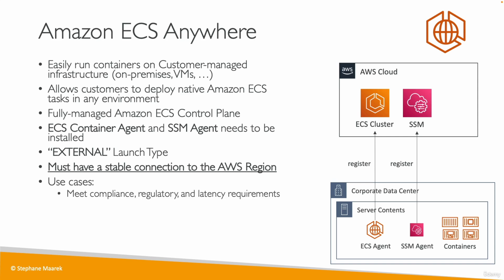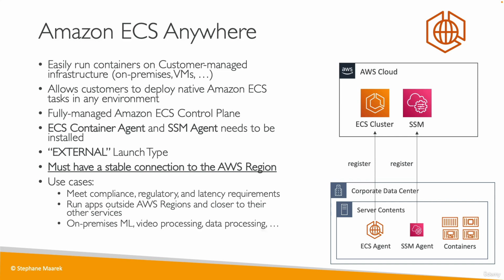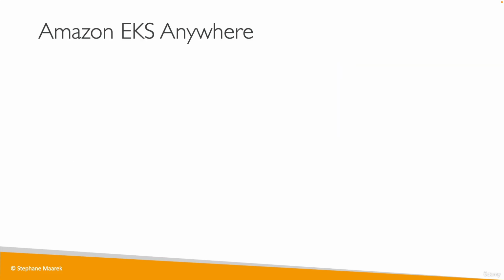The use cases for Amazon ECS Anywhere are to meet compliance, regulatory, and latency requirements, and to run apps outside of AWS regions and closer to other services, which allows you to perform, for example, some on-premises machine learning, video processing, data processing, and so on. So here we bring the benefits of ECS on premises, and we need an internet connection between the two.